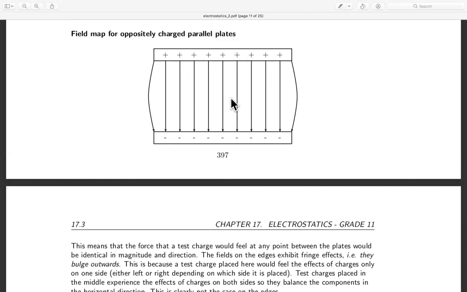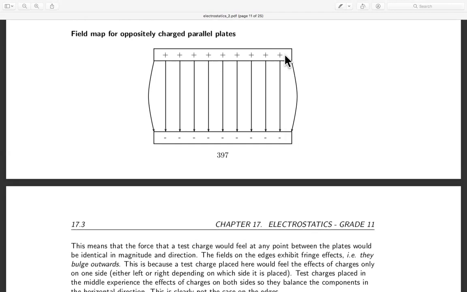So the capacitance of this capacitor equals the permittivity of this medium times A, because the plates have the same cross-sectional area, and D is the distance between the plates. It is usually given in millimeter or centimeter, but we need to change it into meter.